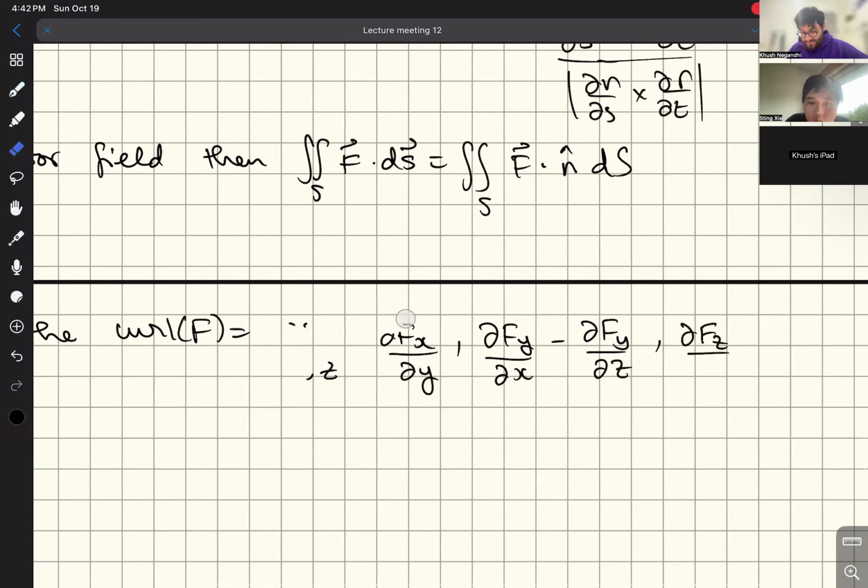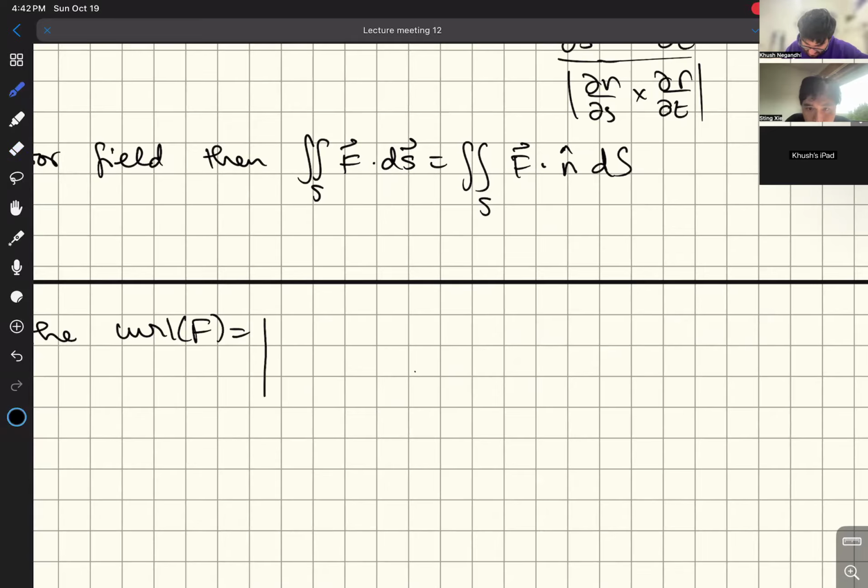Actually, hold on. Let me not define it this way. This is kind of annoying. You can look at it as the determinant with i hat, j hat, k hat, partial x, partial y, partial z, fx, fy, fz. And if you write this out, what do you get? Let's see.